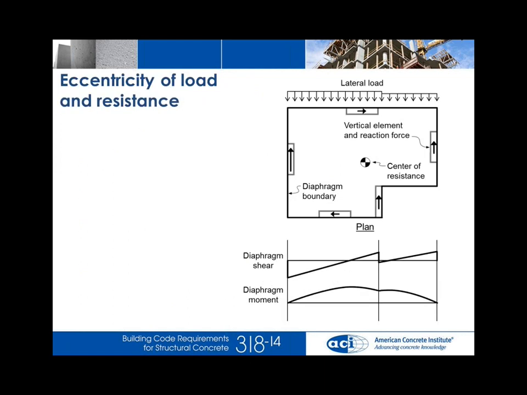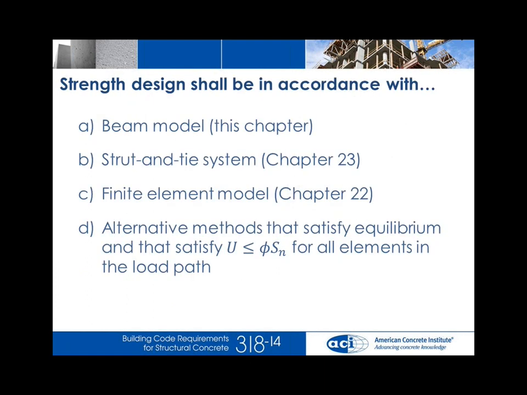It was also important to note that if the rigid diaphragm assumption is assumed, then if there is eccentricity between the lateral forces and the centroid of resistance in one direction, it's acceptable to use transverse elements to resist that eccentricity.